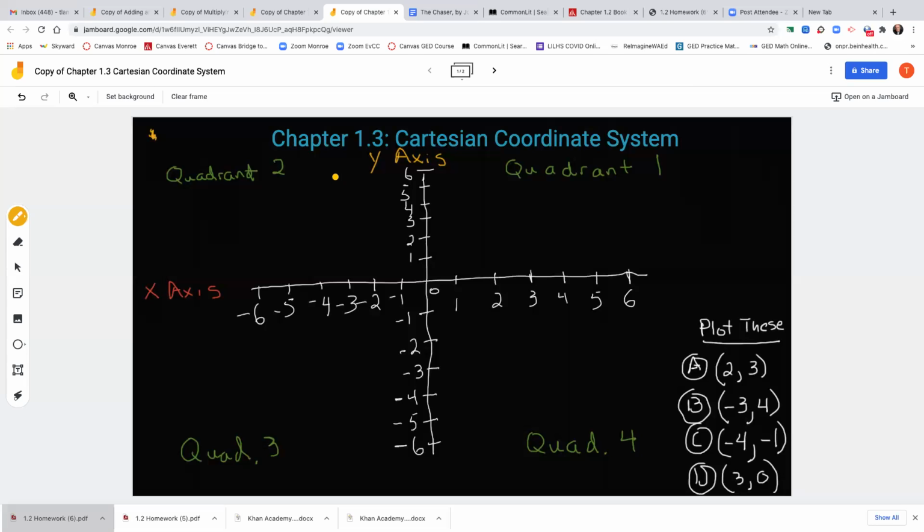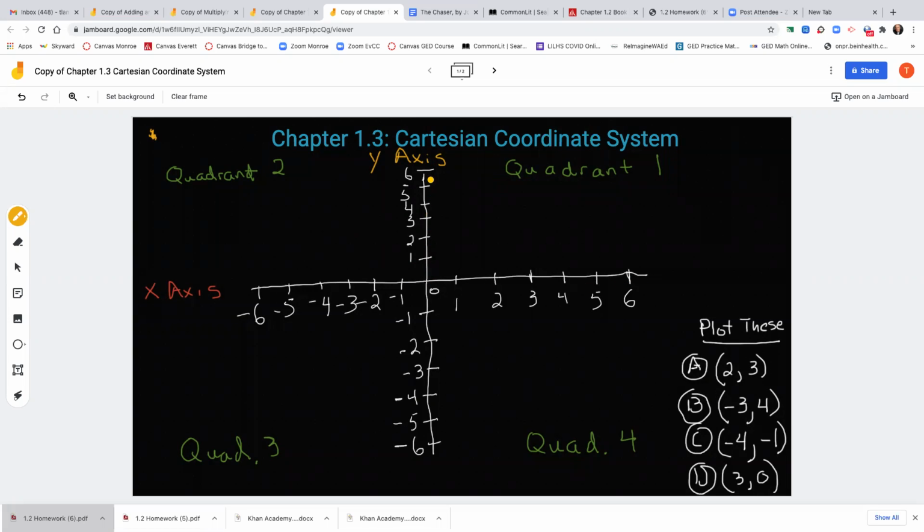So this chapter is 1.3. It's on this thing called the Cartesian coordinate system. They use coordinate graphing in mathematics, science, search and rescue, mapping, all kinds of things. Normally everything over here to the left of the 0 is negative numbers, and everything to the right is positive numbers.